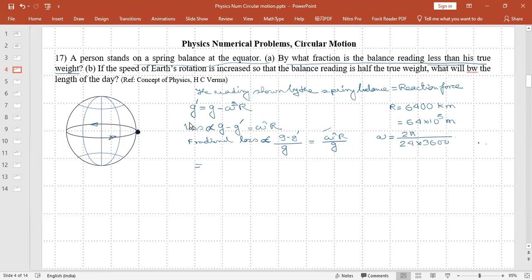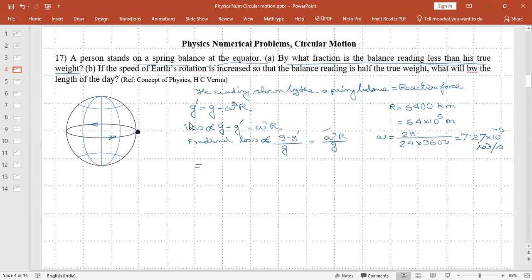If you calculate this, it will be equal to 7.27 multiplied by 10 to the power minus 5 radian per second.